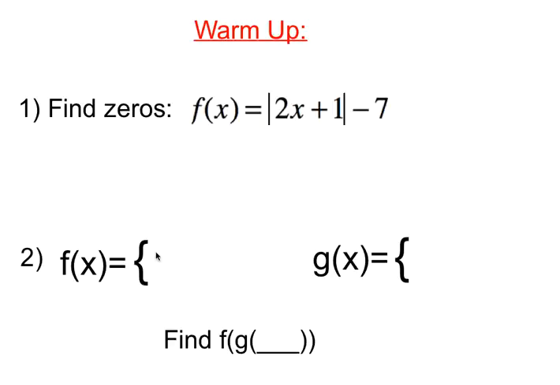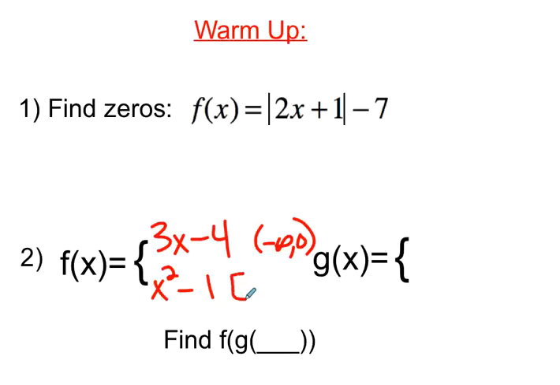I'm going to actually change it so that I'll add something to it. So why don't we do, f of x is equal to 3x minus 4, and that's only going to be from negative infinity to 0. And then why don't we do something like x squared minus 1, and that's going to be from 0 inclusive to infinity.